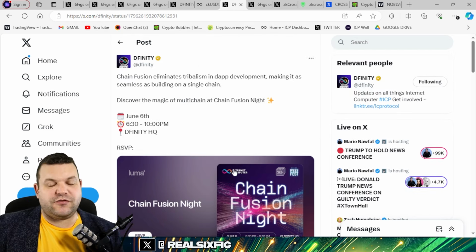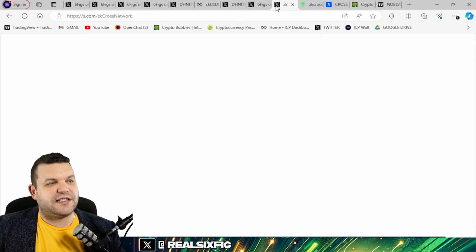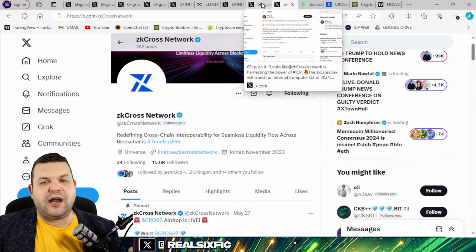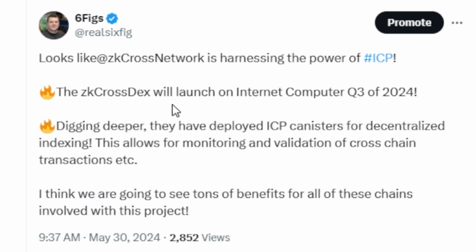So Chain Fusion, folks, I want to just talk about this next project very briefly. It's called ZkCross Network, and I'm super bullish on ZkCross Network. I am invested in ZkCross Network, and when it comes down to it, they are launching a DEX on the Internet Computer in Q3 of 2024.